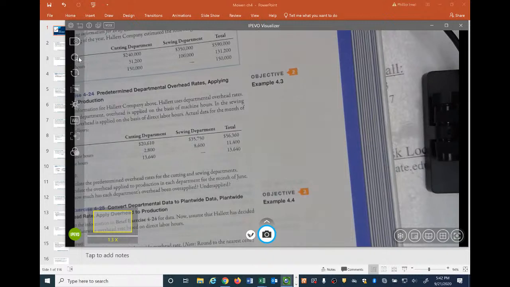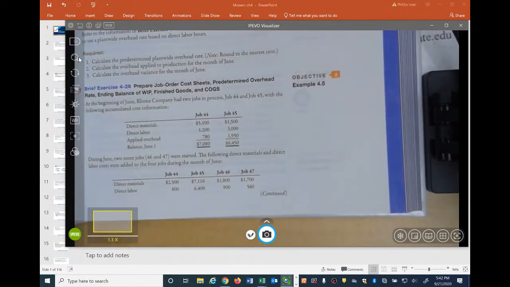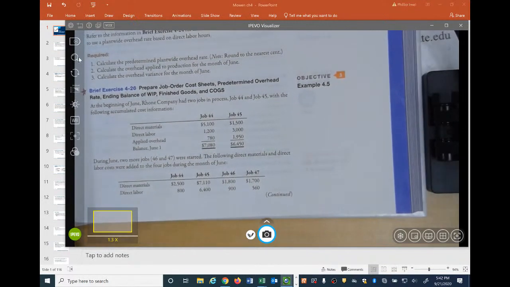So once again, we're going to be working on brief exercise 426. And let me go ahead and adjust this so that everyone can see it for a second. I'll go ahead and just read it. So it says, at the beginning of June, Roan Company had 2 jobs in process, Job 44 and Job 45, with the following accumulated cost information.